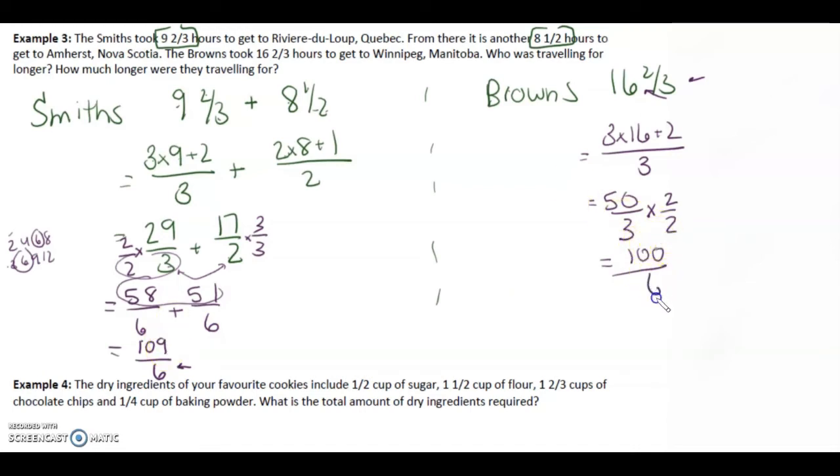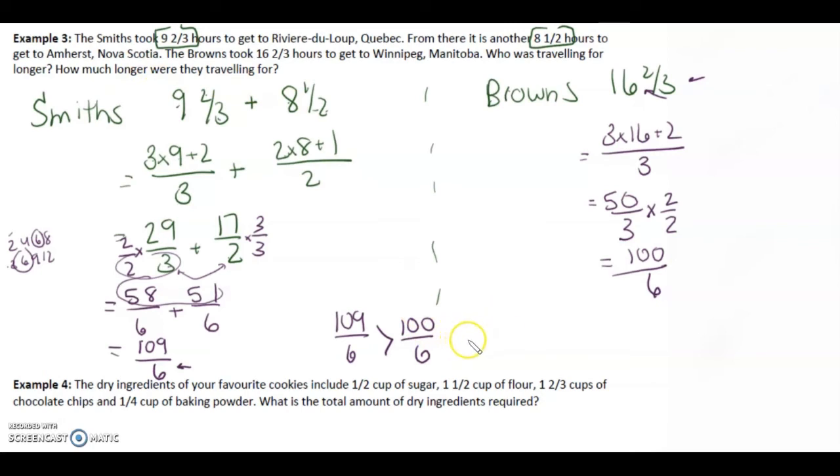I'm sorry, that's over 6. 100 over 6 hours, and the Smiths traveled 109 over 6 hours. Right now, we can compare. So what is bigger, 109 over 6 or 100 over 6? 109 over 6.